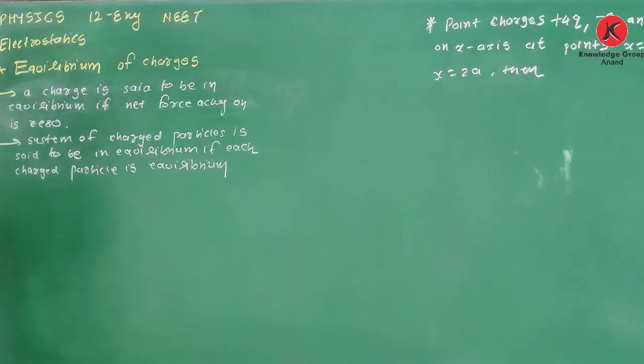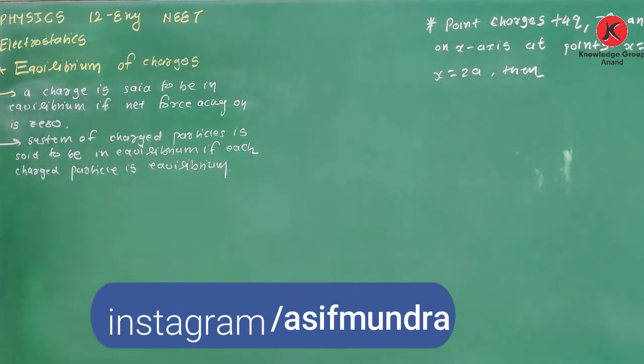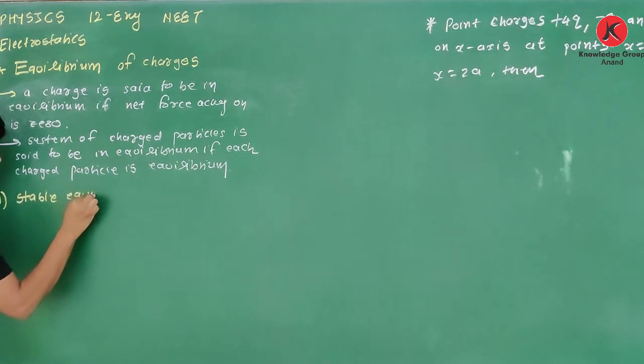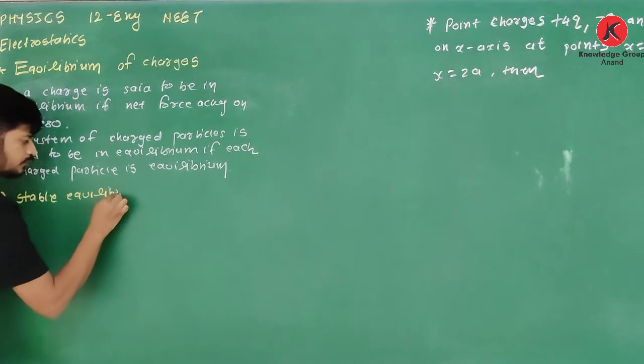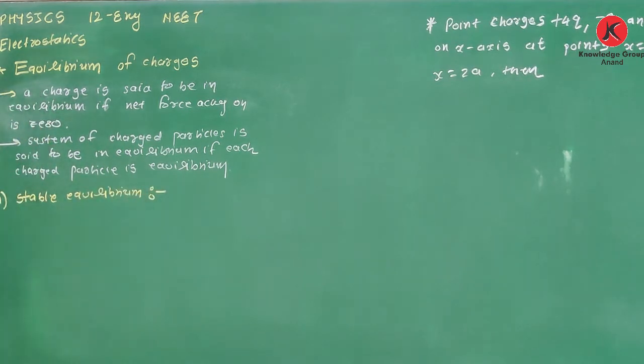But for a system of charged particles, there are three types of equilibrium. First one is stable equilibrium. Now, what is the meaning of stable equilibrium?